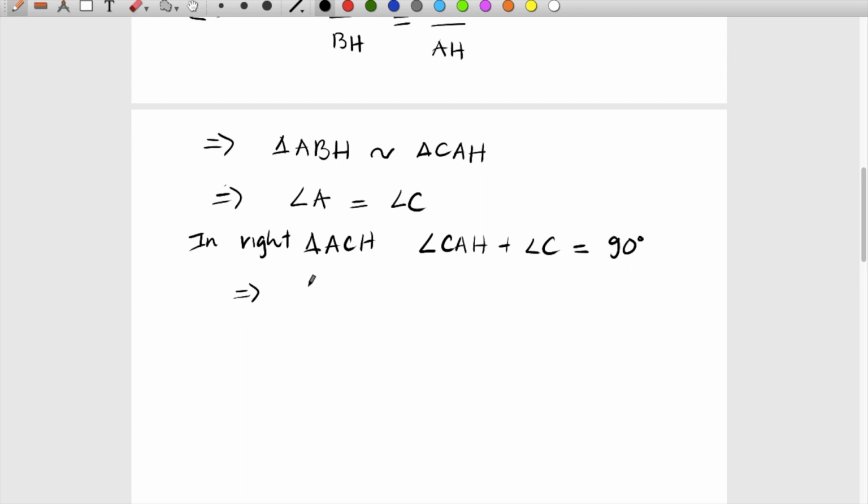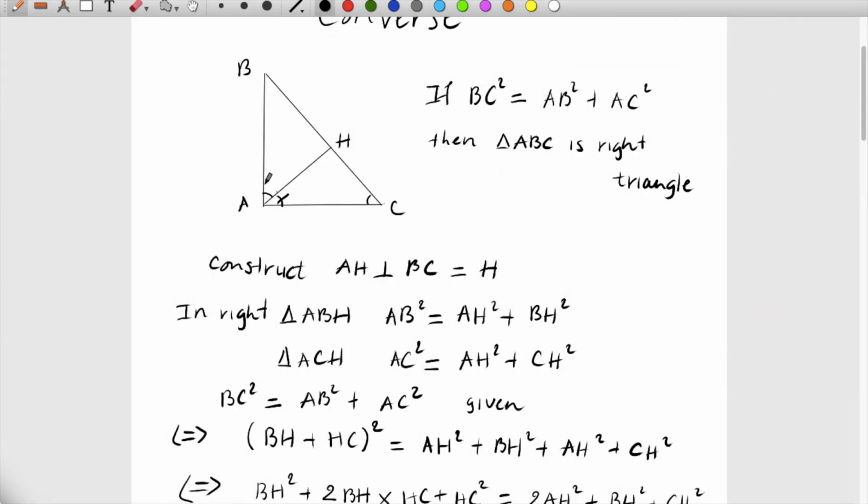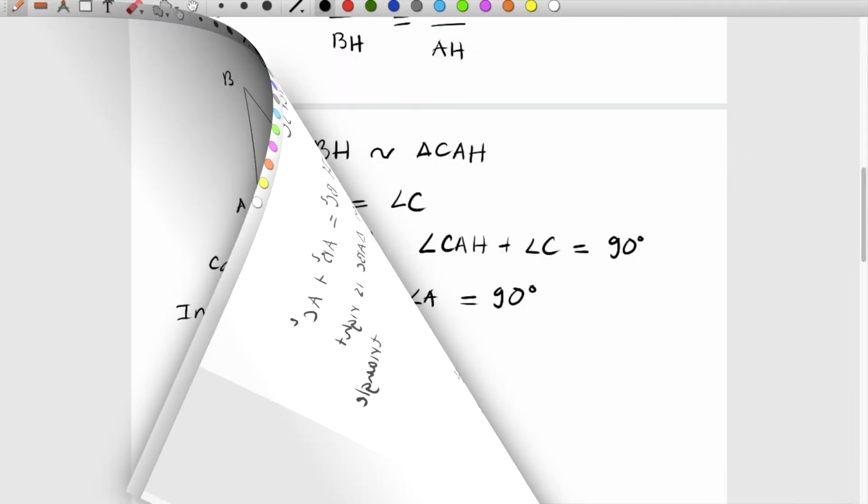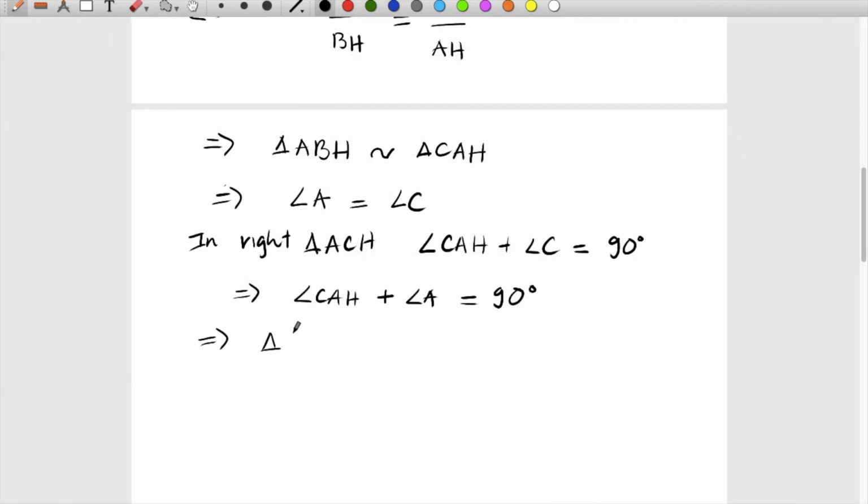Therefore, angle CAH plus angle A equals 90 degrees. Let's put the notation of the right angle here. Therefore, we can conclude triangle ABC is a right triangle.